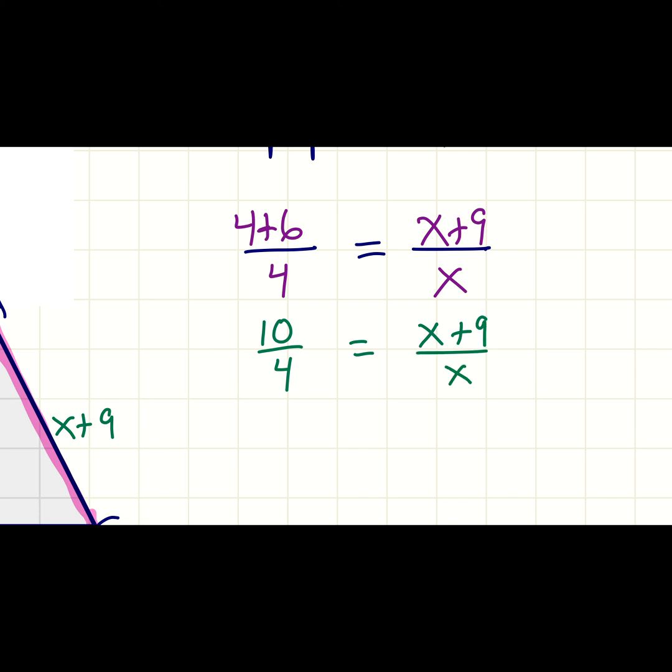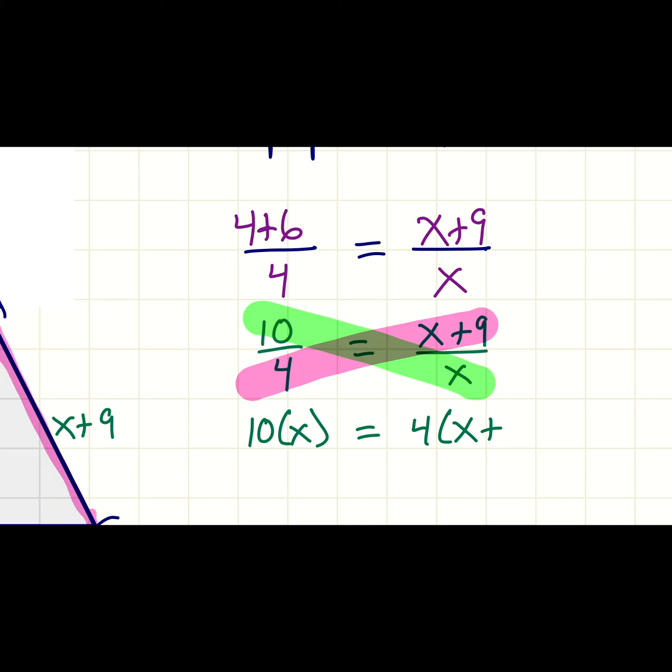All right, so the next step, I'm going to cross multiply. I'm going to multiply these, and I'm going to multiply these. So that's going to be 10 times x is equal to 4 times x plus 9.